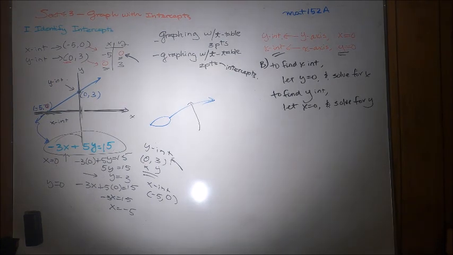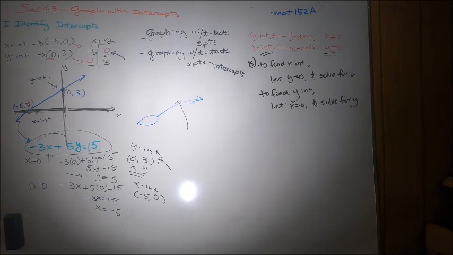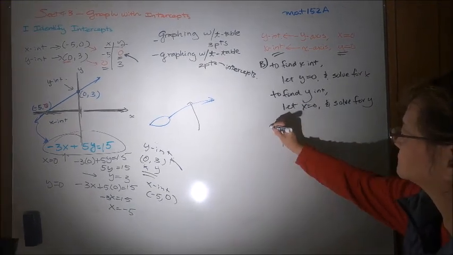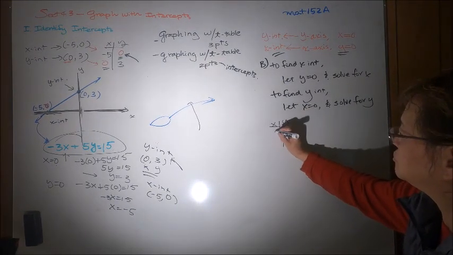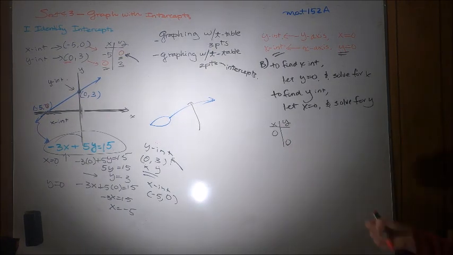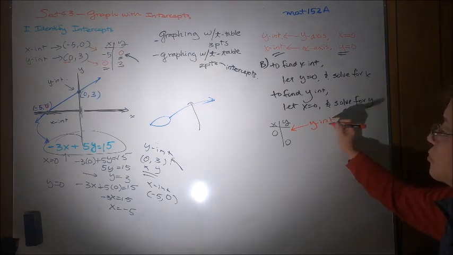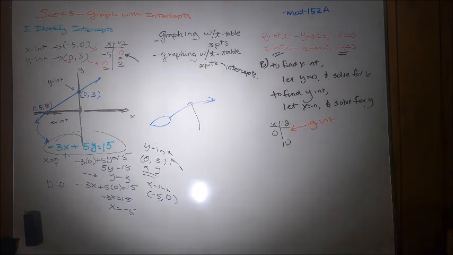Right? In a way, we do this using a t-table. We will put x and y. Then for x is 0, we solve for the y-intercept.